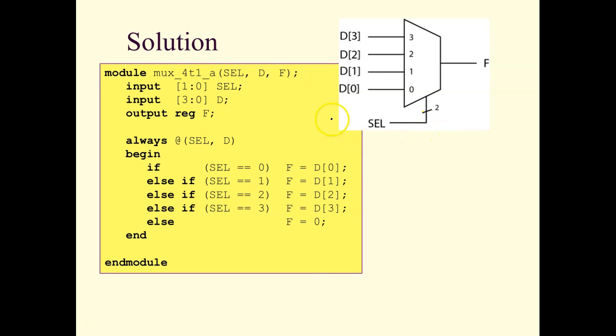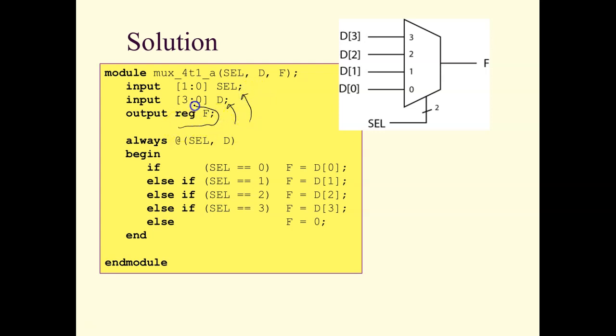This is one of the solutions, so we can look at it here. The data inputs happen to be declared as a bundle. No big deal, we know how to get inside of this thing. Here's the other input, which is a select input.